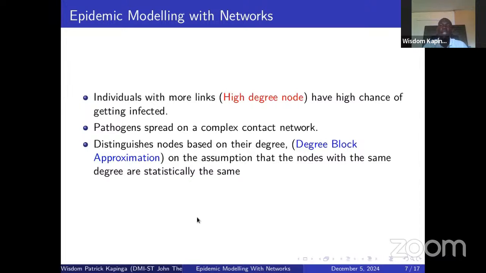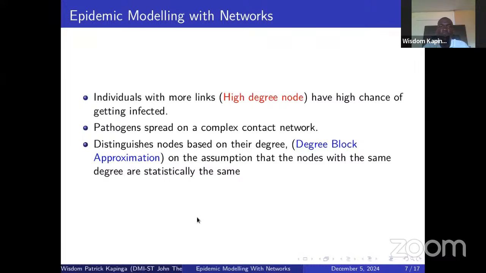For example, there is a link between an infected person and you as a healthy person. That's the only possibility that you can get infected. So we say individuals with more links have a high chance of getting infected. For example, if I get into contact with many people, then I also have a high chance of getting infected.